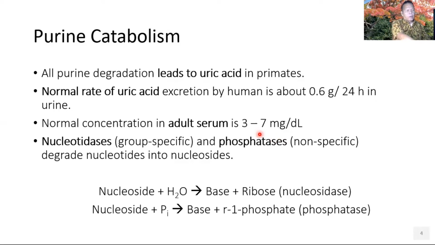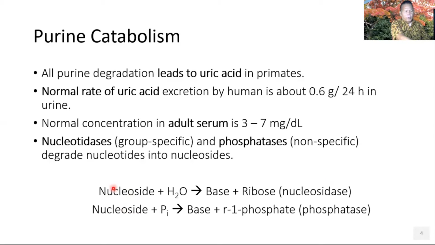Nucleotidases, which are group specific, and phosphatase, which is non-specific, degrade nucleotides into nucleosides. Let's see this reaction in the bottom of this slide. The nucleoside is hydrolyzed and converted into base and ribose, and this reaction is catalyzed by nucleosidase.